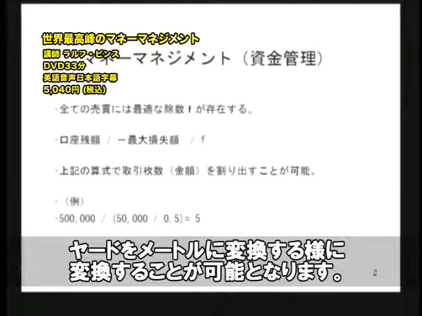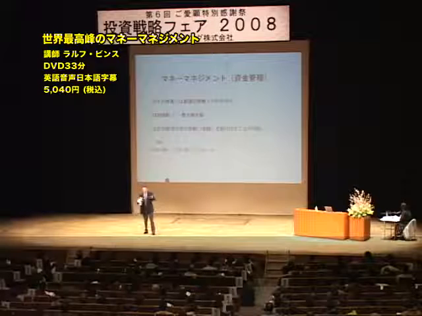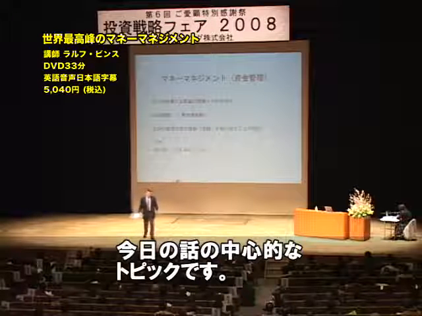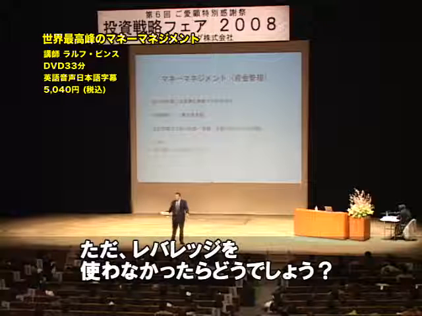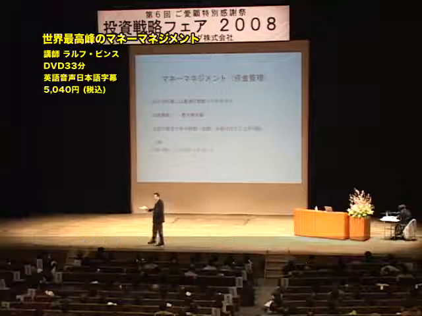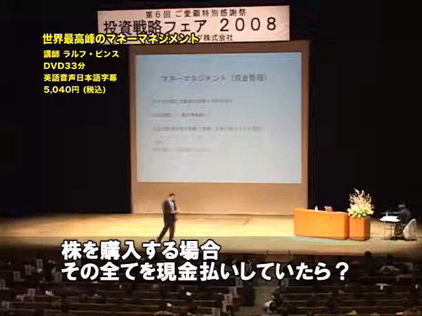And this idea of F is foundational to this whole framework of looking at things, to this whole pretty geometry I hope to ignite your interest in. But wait, you say, I don't use leverage. Everything I do is in a cash account with stocks. They're all paid for. I'm not borrowing any money. I don't use leverage.